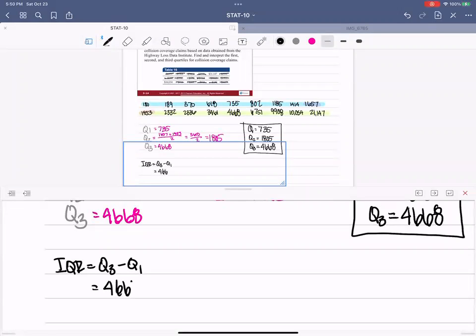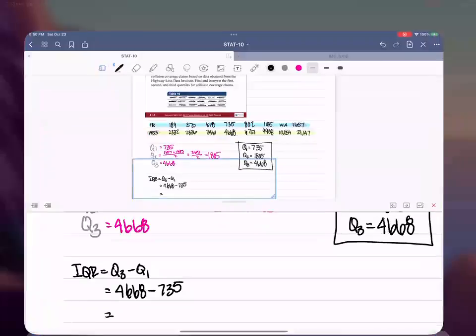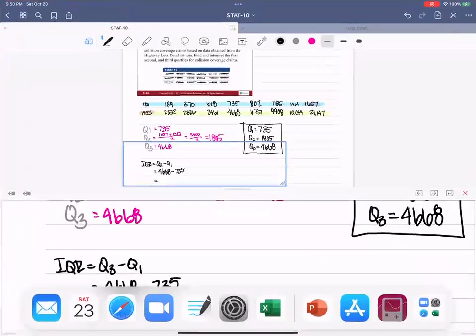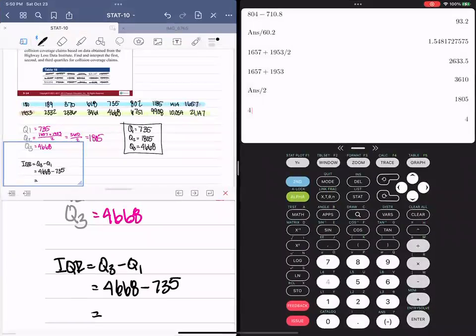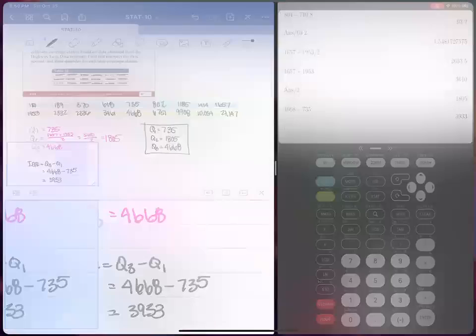So 4668 minus Q1, which is 735. We calculate that: 4668 minus 735 gave us 3933. So that's our interquartile range for this data set.